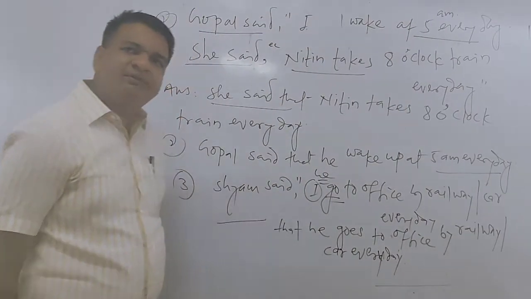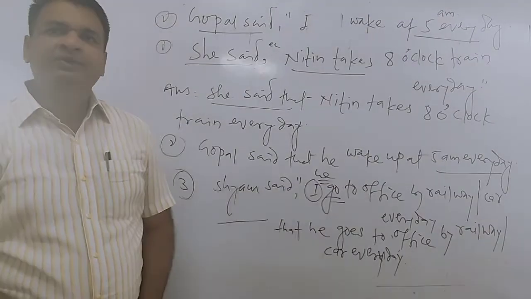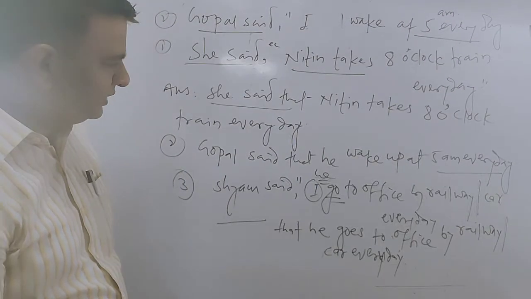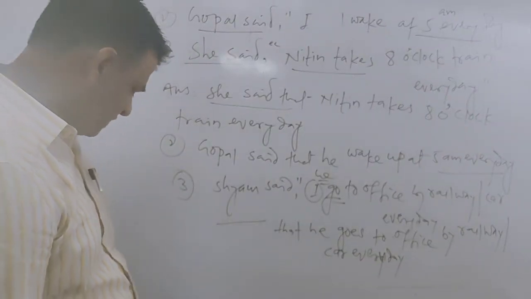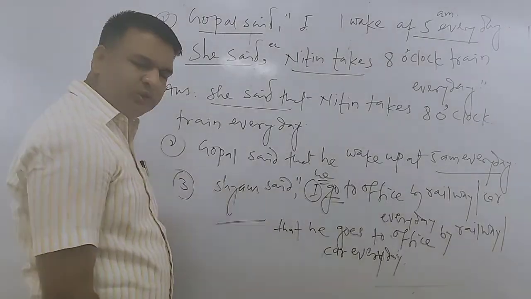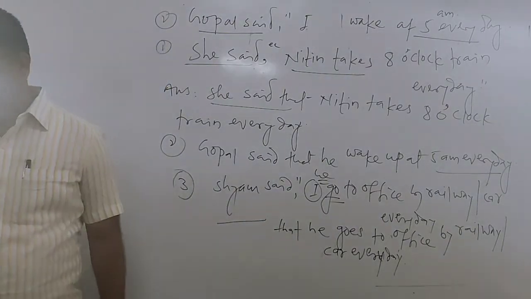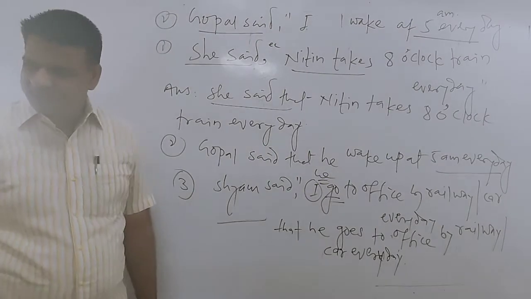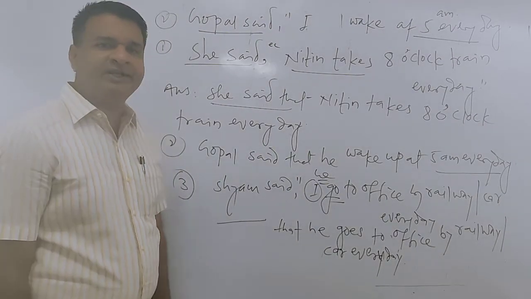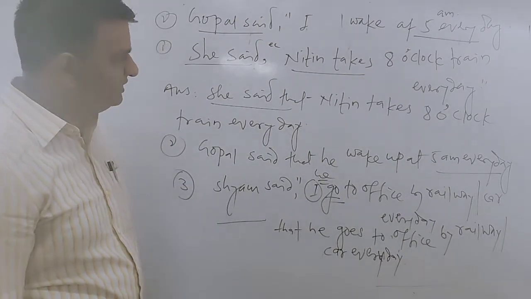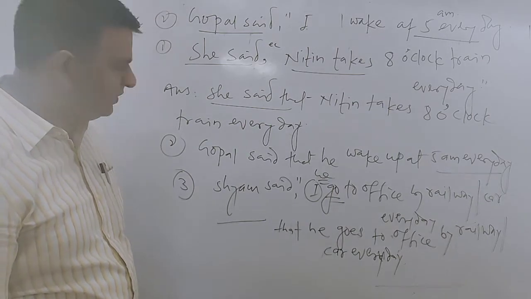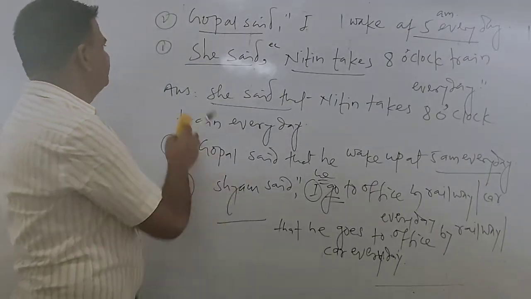So whenever such words come, you have to keep in mind the particular changes. You have to notice. These are some examples of regular routine activities which don't accept any type of change, right?